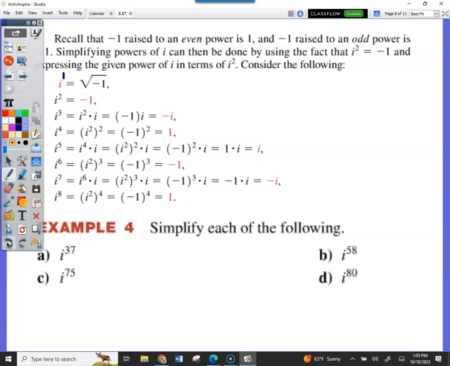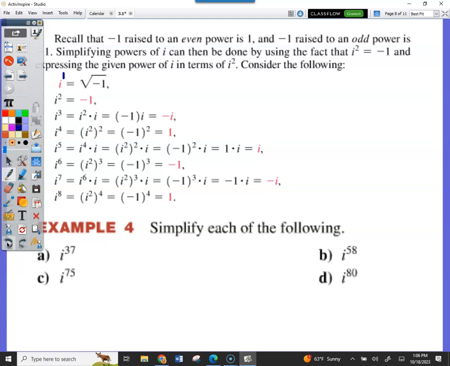Now look right here, i to the 5th. They rewrote it as i to the 4th times i. We already found i to the 4th to be what? 1. So 1 times i is i. Look, i to the 6th. They rewrote it as i squared cubed. i squared is -1.